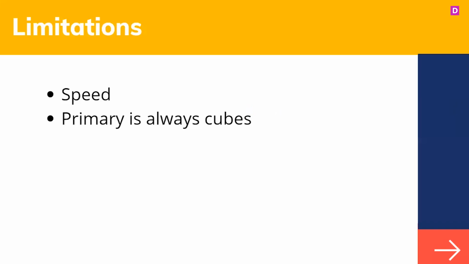It has to go ahead with two data sources and then perform the blending. Each data source will have its own timing, right? So in that sense, speed could become an issue here.